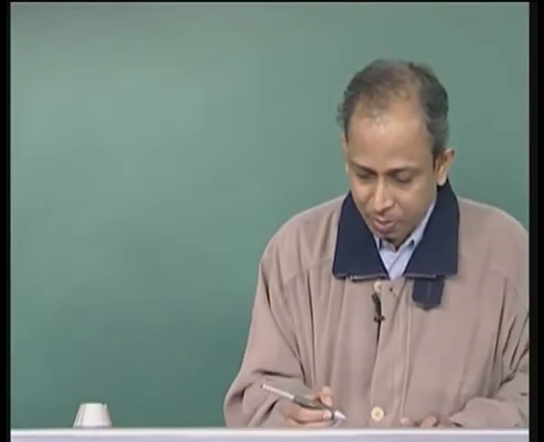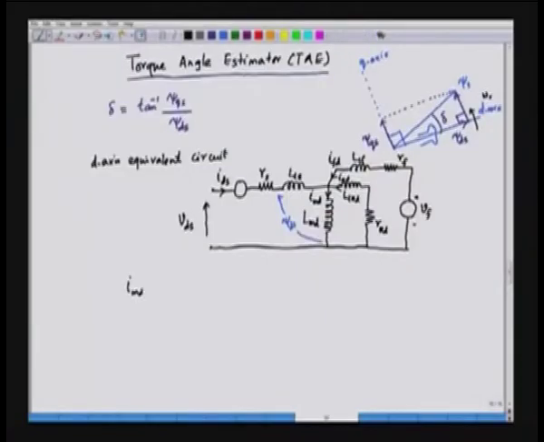So, what is IMD? If you want to find out what is IMD, we can take this circuit. We can take only this part of the circuit. This is LMD. So, we have the current which is entering here is IDS, the current which is entering from this side from the field is IFD, and the current which is coming from the damper, of course the damper current is not known, so we will just replace it by the damper parameters.